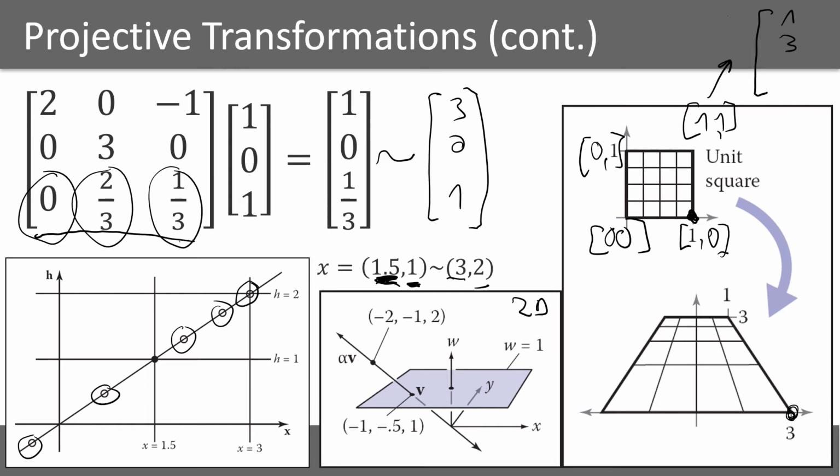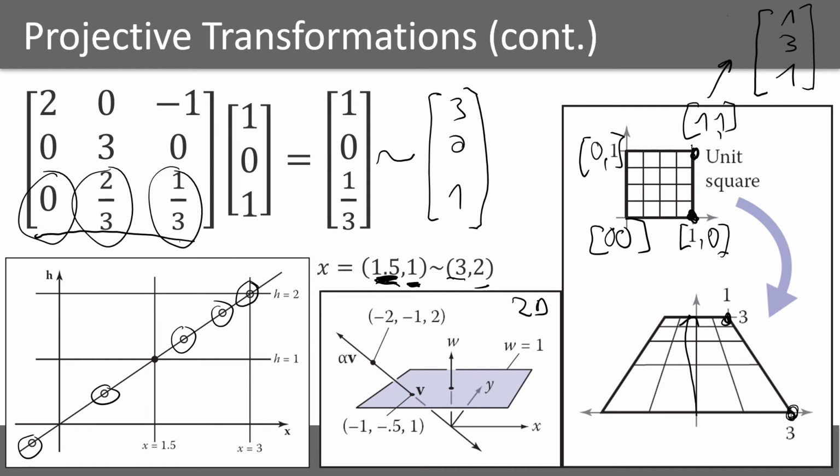And for the homogeneous coordinate, we will have 0 times 1, 2 thirds times 1, plus 1 third times 1. So 2 thirds plus 1 third is 3 thirds, which is 1. So this one has already homogeneous coordinate equal to 1. So we can see here this projective transformation of the unit square.